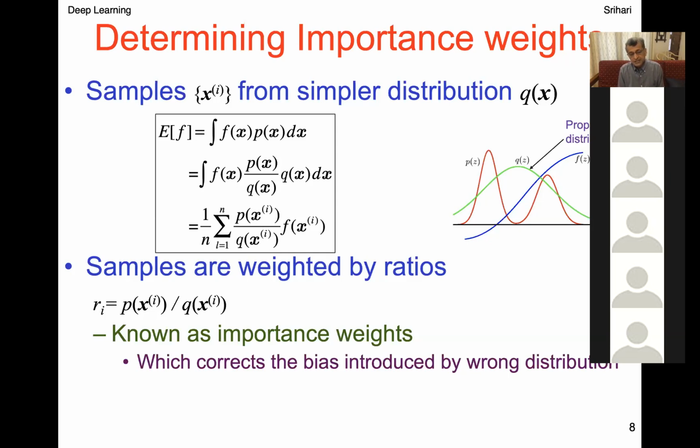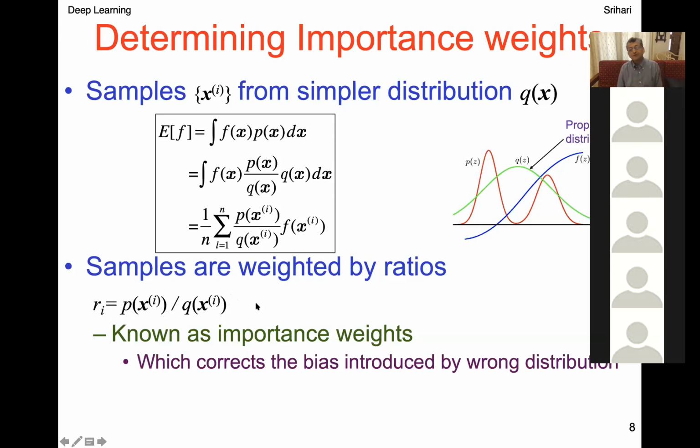And so this is saying, take the samples x, determine the f of xi, but we're going to associate a weight with that sample, p by q. So samples are weighted by the ratios r sub i equal to p of xi over q of xi.